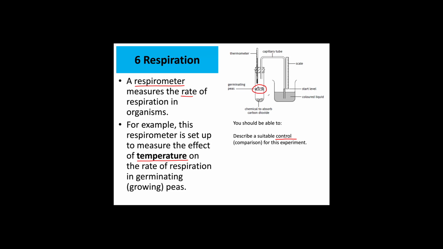When we boil the peas, we denature the enzymes, which means that respiration cannot take place in the peas. So we don't have germinating peas anymore. We have boiled peas, which will not germinate because all their enzymes have been denatured by the boiling process. So we can replace those peas either with glass beads of equivalent size, or with boiled peas, because the enzymes are all denatured and therefore respiration cannot take place.